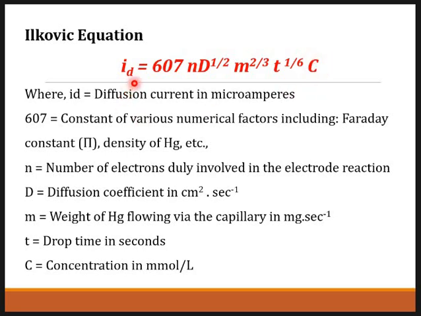Here the term ID is the diffusion current, which is measured in microamperes, and the first term, 607, is simply a constant.